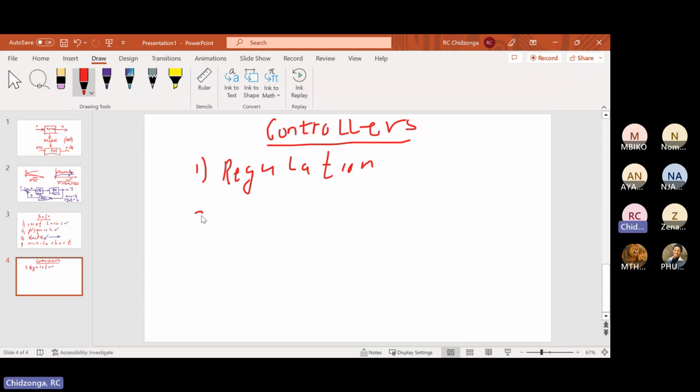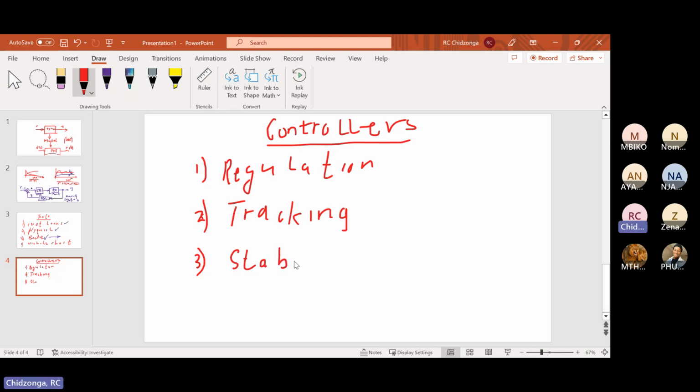And then there is also a different type of problem, which we call tracking, as in tracking a target. All right? And then there is another problem, which is stabilization.